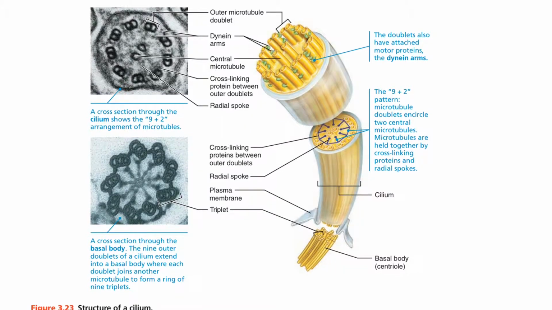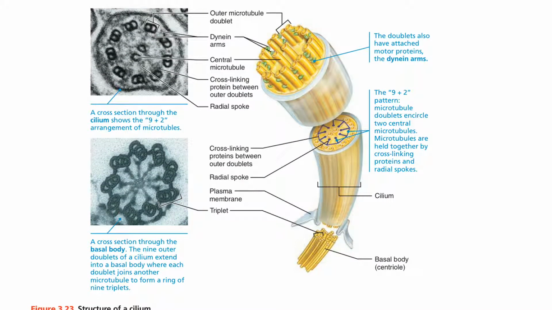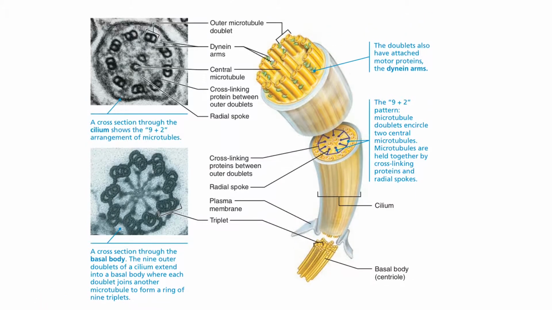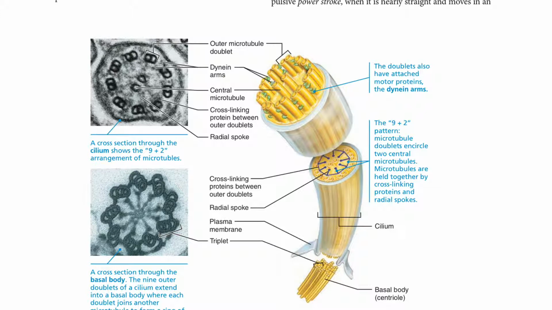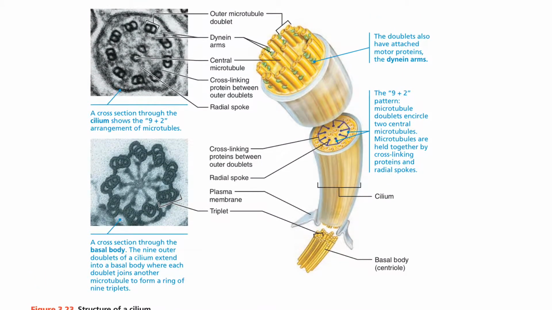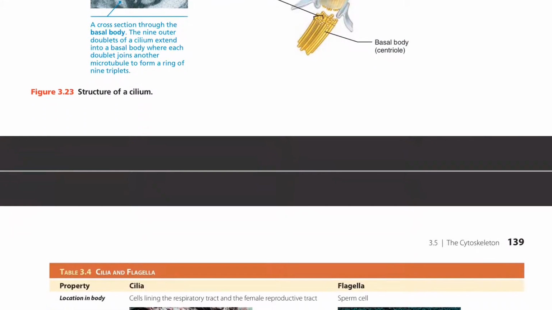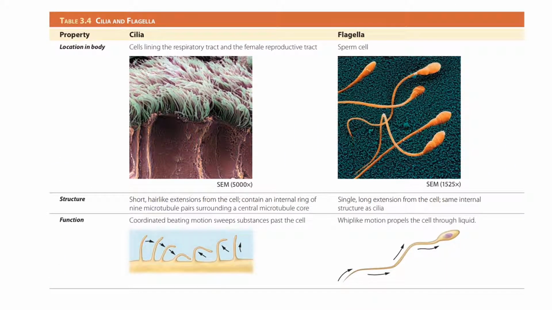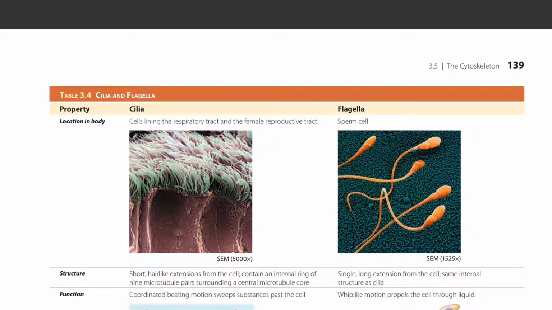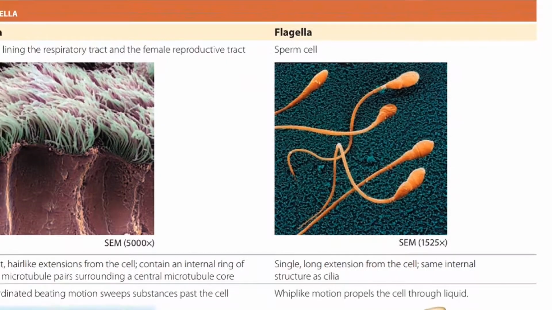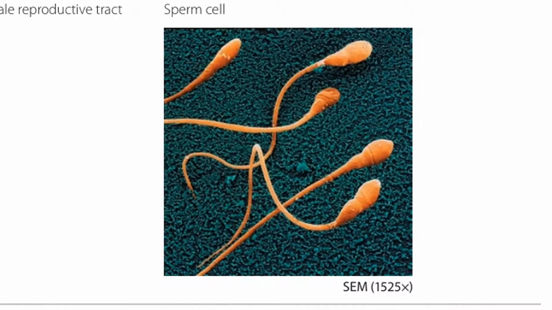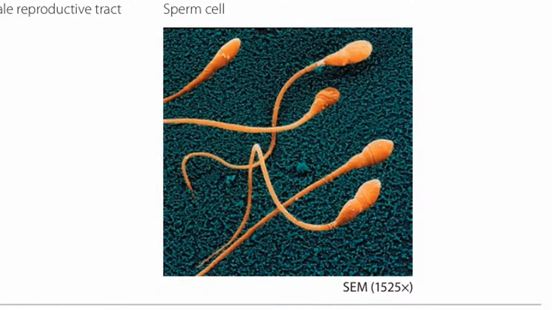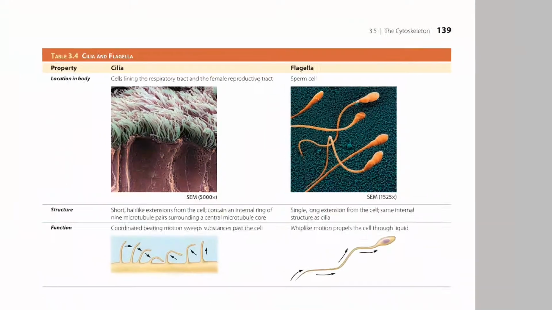Flagella also have the same structure. 9 plus 2 arrangement of microtubules is present in cilium and also in flagellum. Now here in this table, see property: cilia, flagellum; location in body: for sperm, so the sperm cell they are showing. This is the scanning electron microscope photograph of a human sperm.